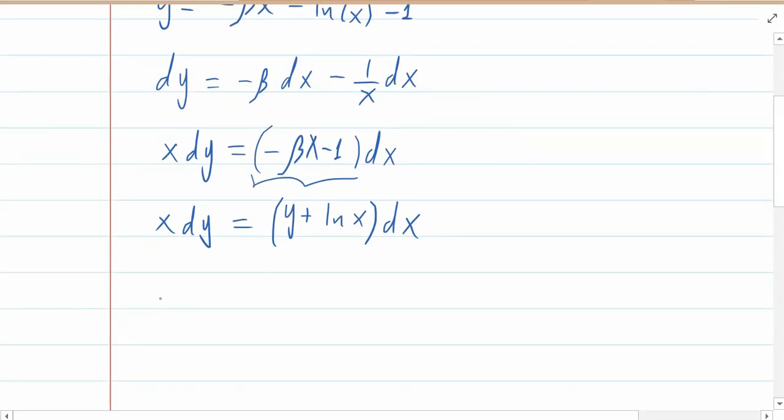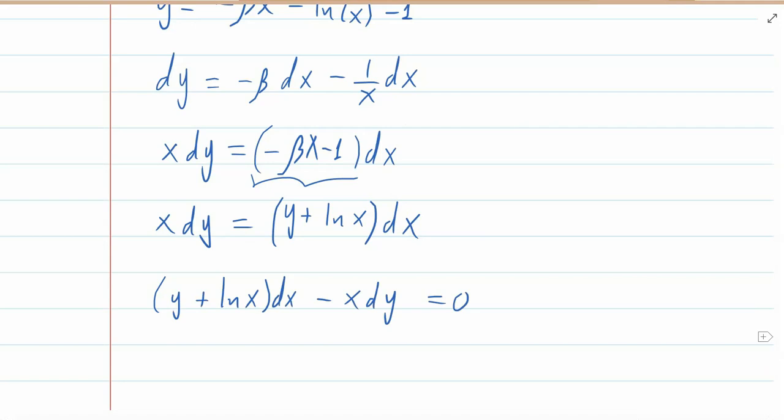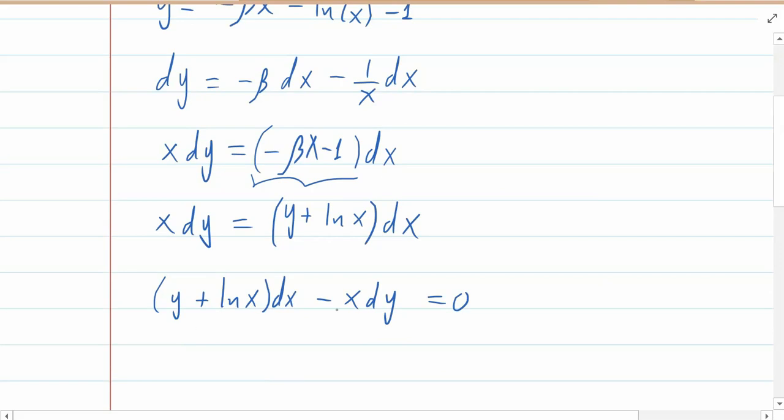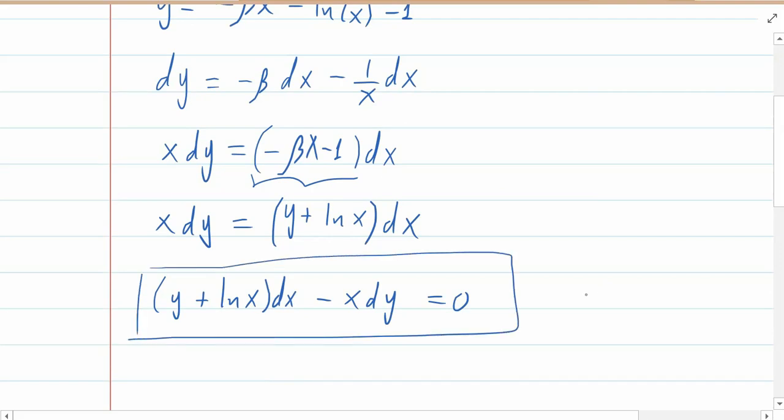And reorganizing that, I get that y plus natural log of x dx minus x dy is equal to 0. I have y plus natural log of x dx minus x dy. So it is indeed a solution.